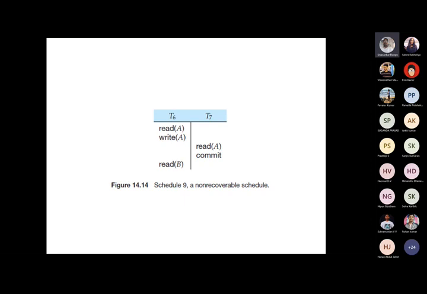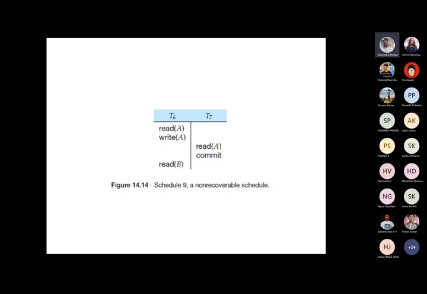It's known as a recoverable schedule. Whereas this is an example of a non-recoverable schedule. In this case, let us assume that the transaction T6 fails over a period of time. T7 has read a value of data item capital A that was written by transaction T6 and it has committed. Whereas over a period of time, the transaction T6 cannot proceed and has to be aborted.